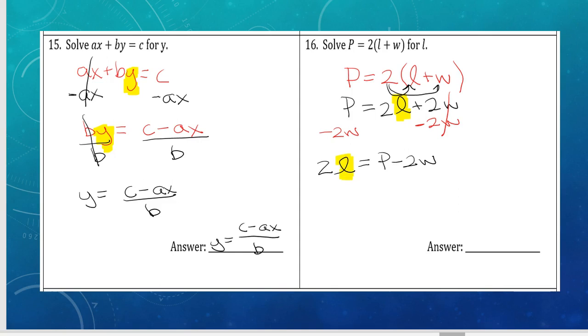Still solving for L, so the thing I need to get rid of is that coefficient of 2. It's connected to L with multiplication, so I'm going to move it with division. Whatever I do to one side, I have to do to the other. I know L equals P minus 2W all over 2.